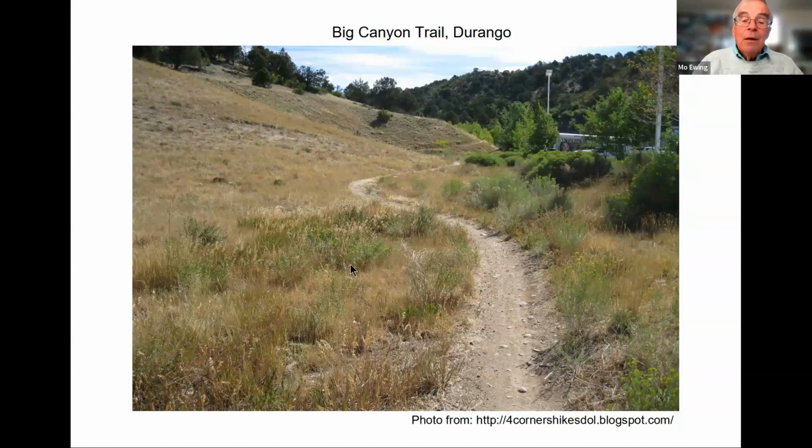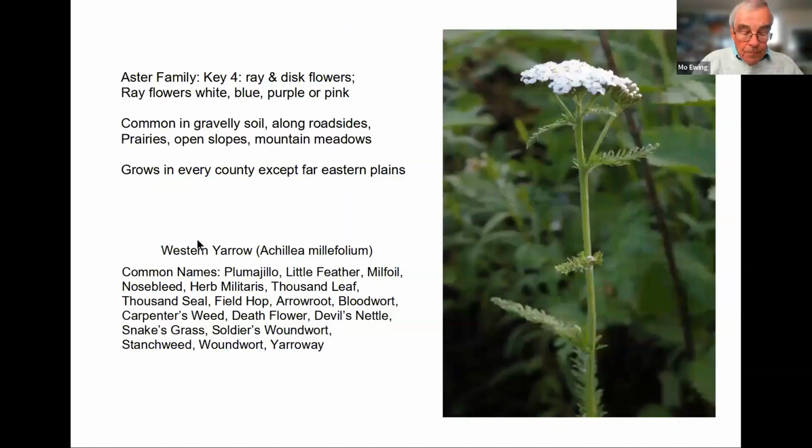One of the plants that's found here is a common one called Western Yarrow, Achillea millefolium. This plant falls into key 4 in the aster family.